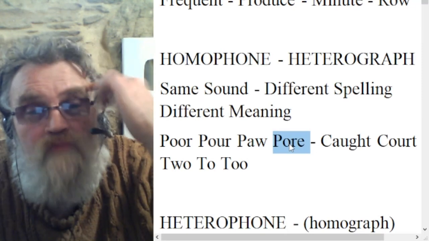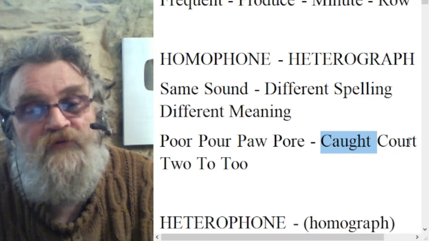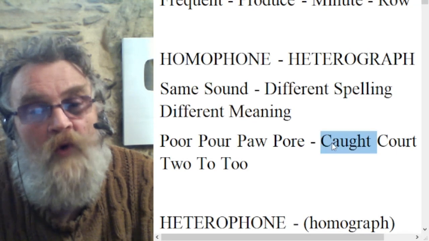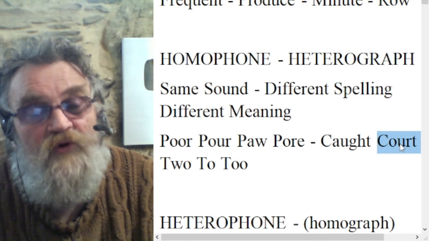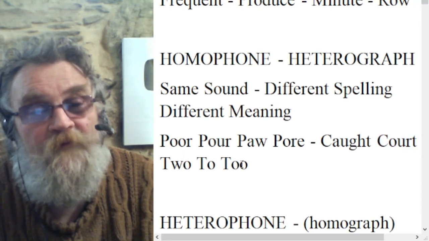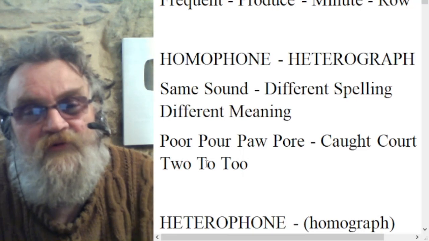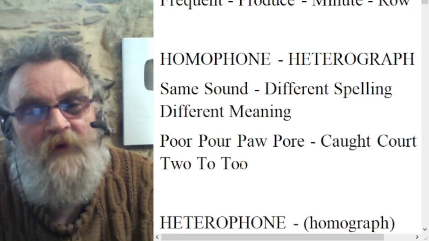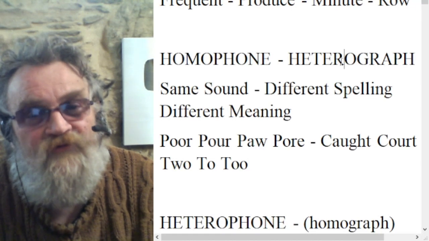There are little holes in your skin called pores. Court. I caught the ball. The lawyer went to court. Two. Two in the direction of, and too as well. Okay, so these are homophones, same sound, and heterographs, different spellings.